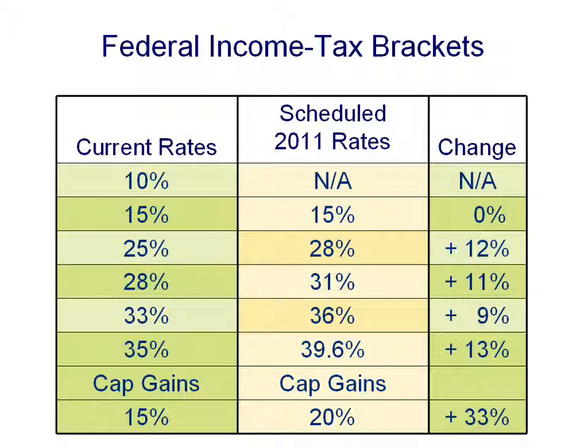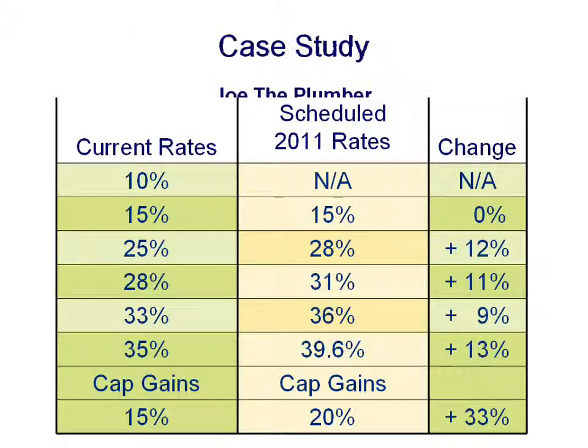Please notice that the 10% bracket will completely disappear and become the 15% bracket, which means anybody in the very lowest tax bracket is going to get a 50% increase in taxes unless Congress changes it before 2011. And the top four brackets are going to increase dramatically from 9% to 13%, and capital gains tax is going to go up 33%. So taxes are going up.